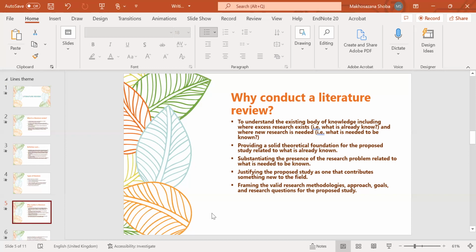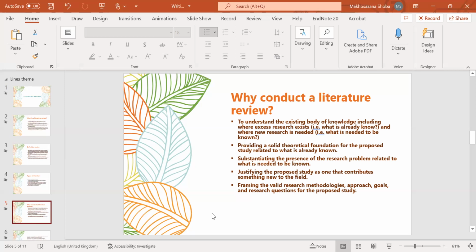Again, you conduct a literature review because you want to frame or to use valid research methodologies and approaches, and to also design research questions appropriate for the proposed study.